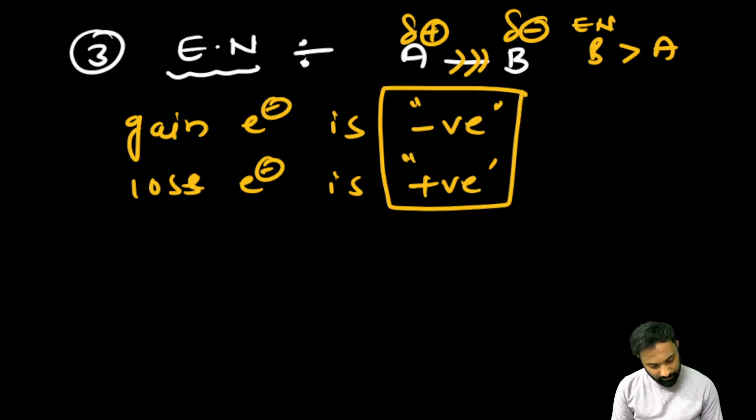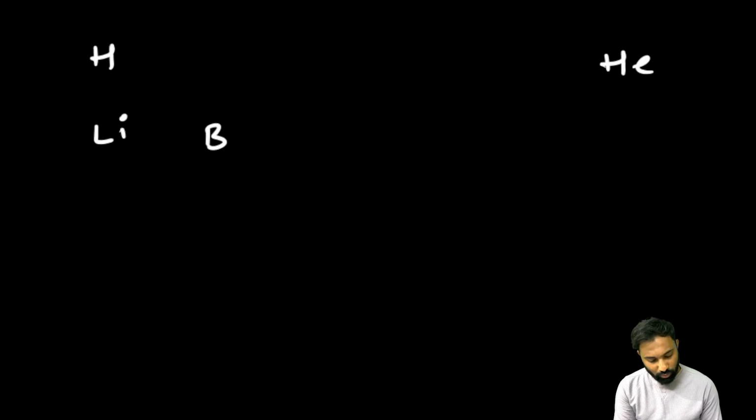Then next, when it comes to electronegativity, we have some electronegativity values you have to remember. First one, hydrogen. Here it is helium, right? Next, lithium, beryllium, boron, carbon, nitrogen, oxygen, and fluorine, right?